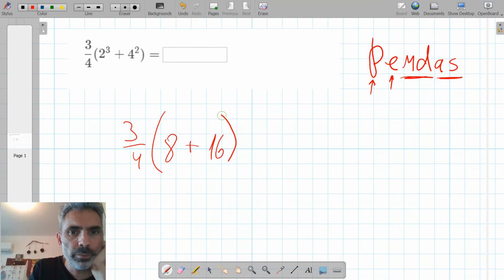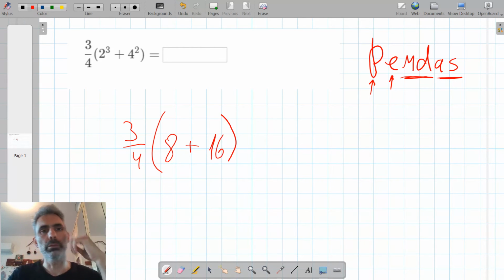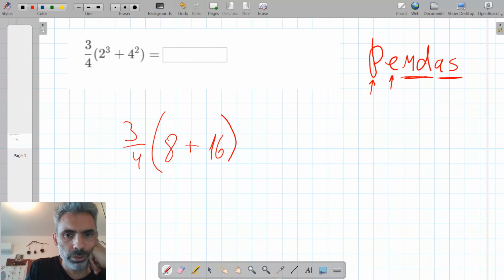Now we need to distribute 3/4 to each number in the parentheses, right? So 3/4 times 8 plus 3/4 times 16.